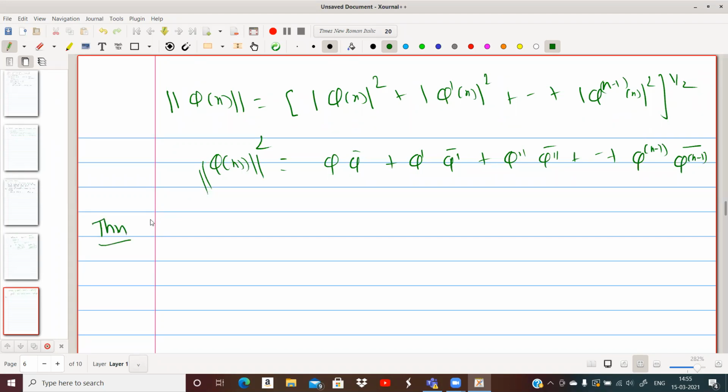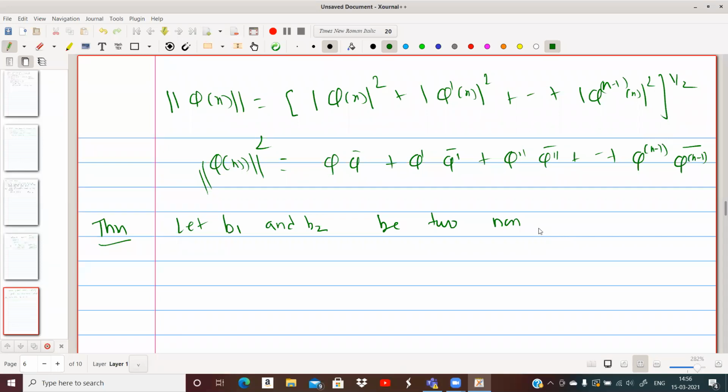Here I'm going to write the statement. Let b1 and b2 be two non-negative constants.